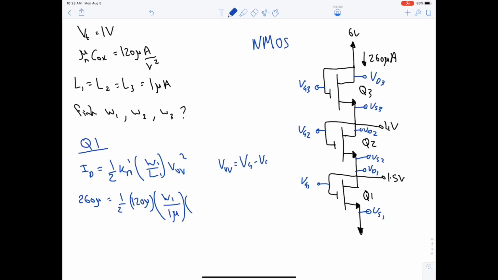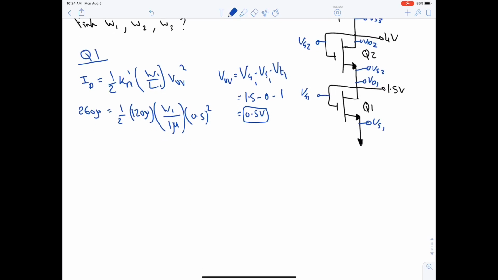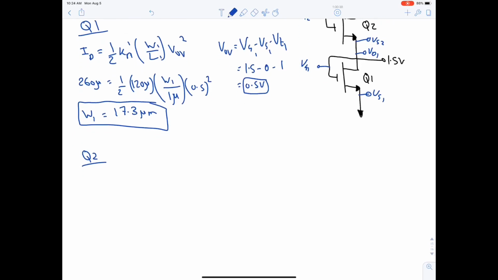VG minus VS minus VT: VG is 1.5, S1 is 0, T is 1, which is equal to 0.5 volt. So 0.5 squared, this will end up with 17.3 micrometer.